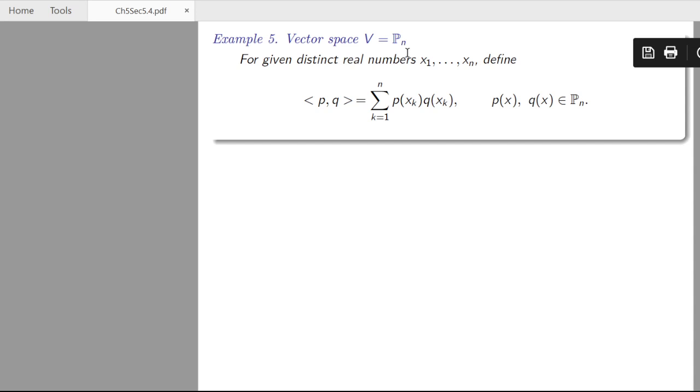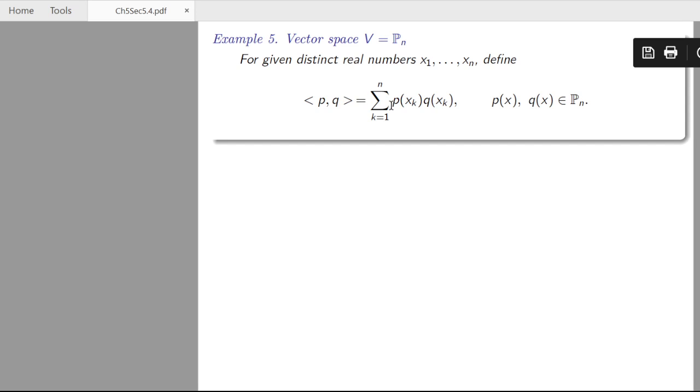Now, in this case, we pick n distinct real numbers x1 to xn, and then define an operation between two polynomials belonging to Pn in this way.